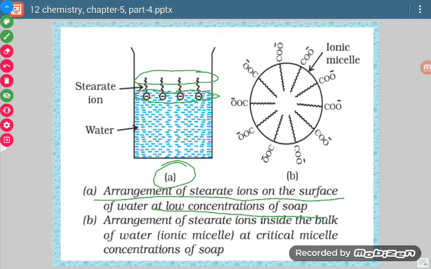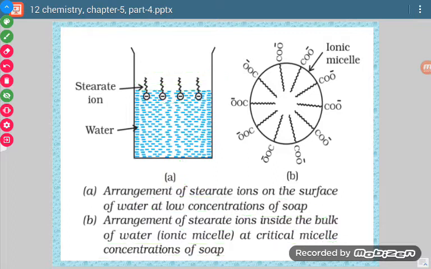Okay. But when we increase the concentration, we bring it to the CMC, critical micelle concentration, then what will happen? Then these stearate ions will be pulled inside, and inside they will form ionic micelle. Now how will they form?